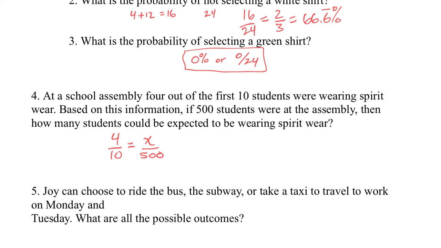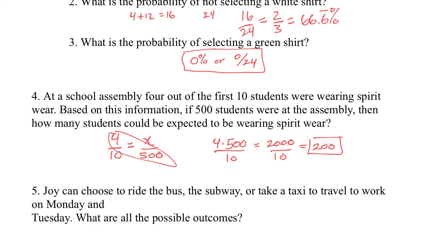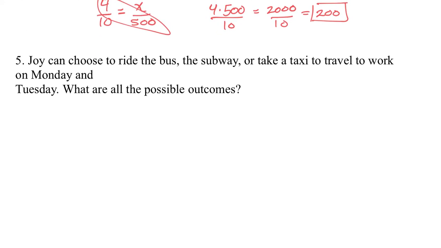Well, to solve this, we would cross multiply 4 times 500 and divide by the other number, 10. So that's 2,000 divided by 10, which is 200. Done.